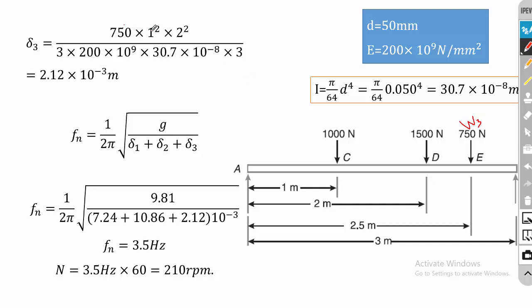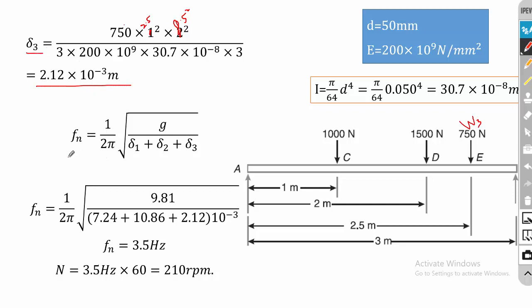So here the A is actually 2.5. So there is a mistake here. The A is 2.5 square and the B is, sorry, 0.5 square. Fine. So if you solve this, you will get 2.12 into 10 power minus 3 meter. So this is the deflection because of load 3.